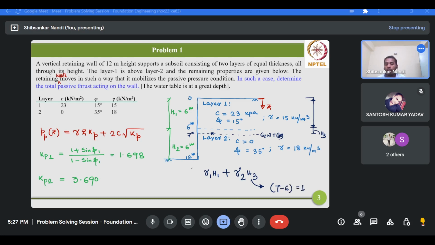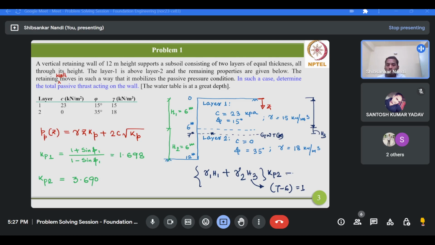Is it clear? Then you have to multiply it with the coefficient of passive earth pressure of the respective layer, that is for layer 2. Since this level comes under layer 2, you have to multiply this value with the layer 2 coefficient of passive earth pressure.